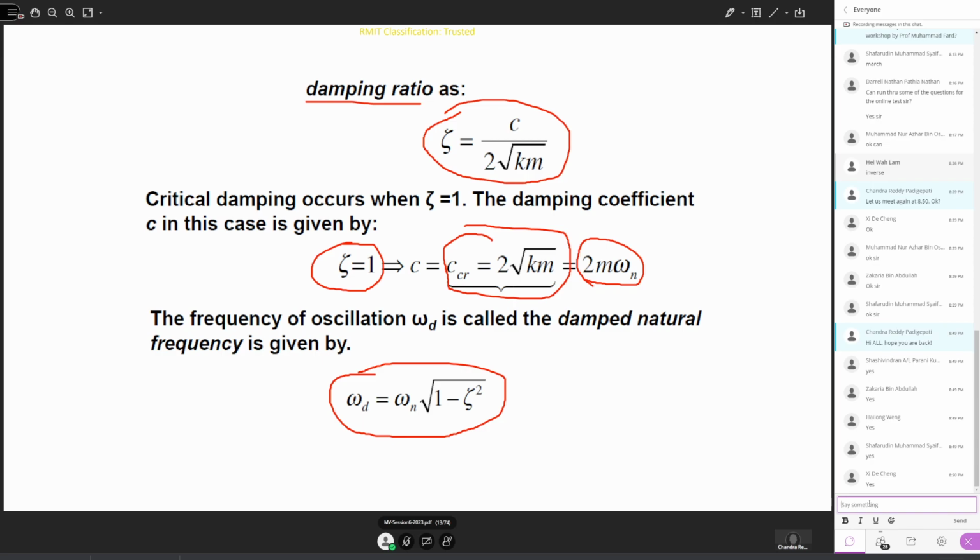So you will have all the information to calculate eta, then the critical damping constant, then the damped natural frequency of the system. All right, so for the first question, all these equations are required.